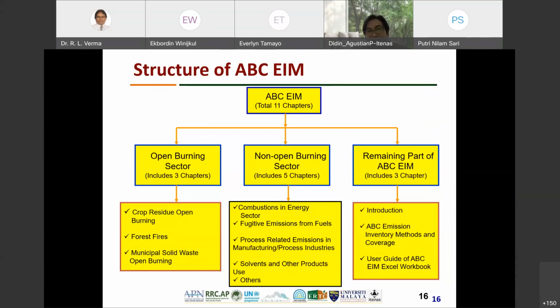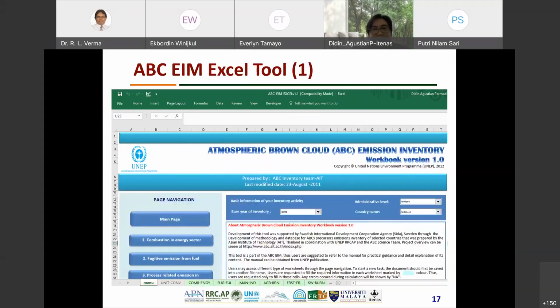The remaining part of this document includes 3 chapters, like introductions, the inventory methods and coverage, and also the user's guides for the ABCEIM Excel workbook that comes together with this manual.